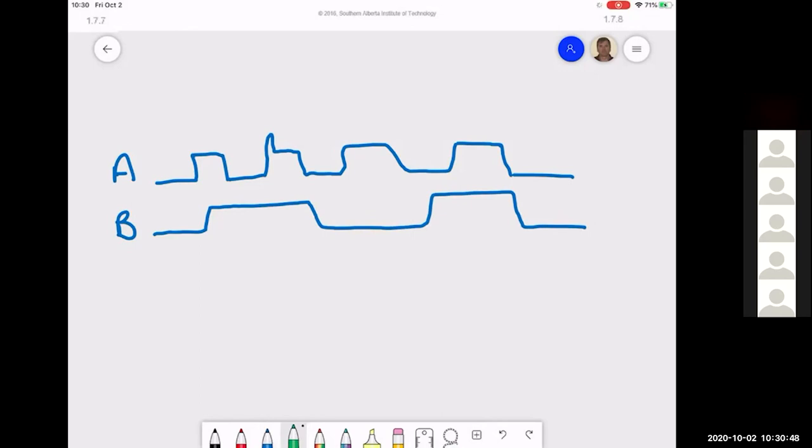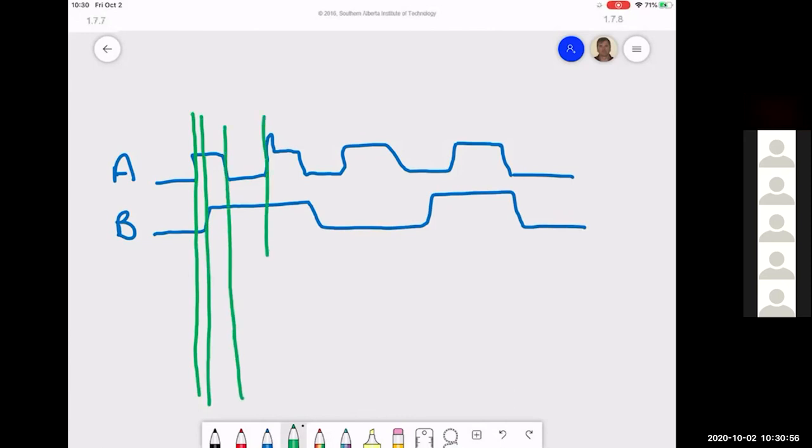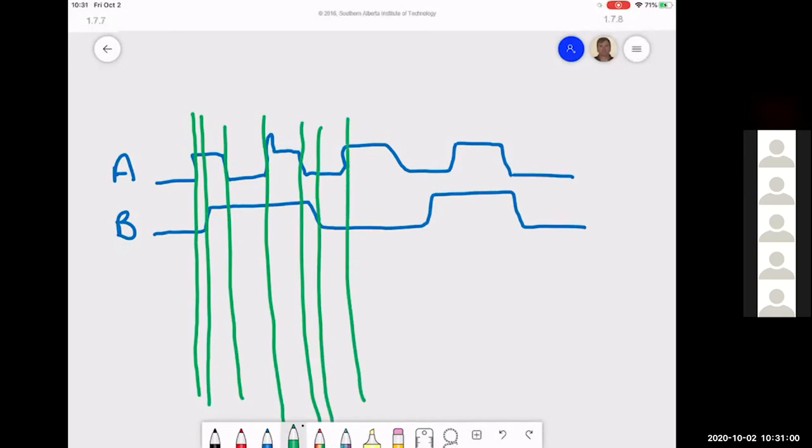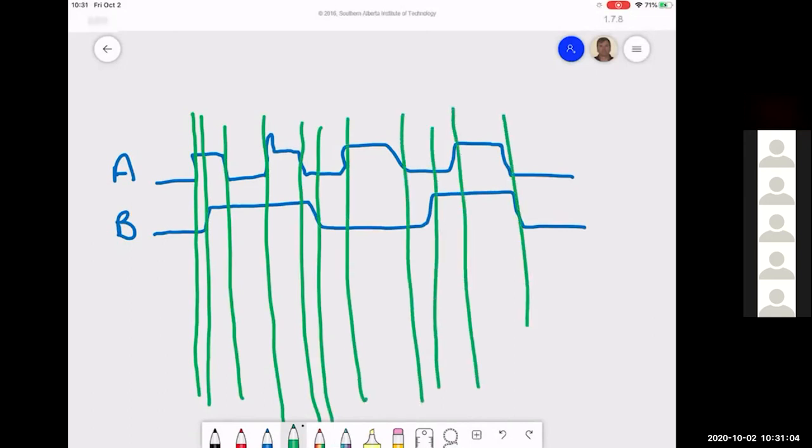So I've got this change at A, this change at B. Oh, they're actually not quite aligned. There's a small variation.